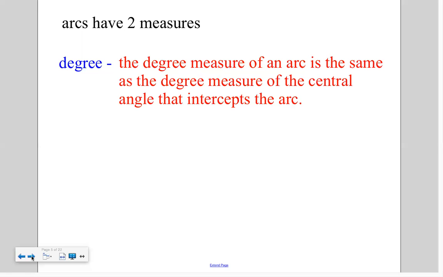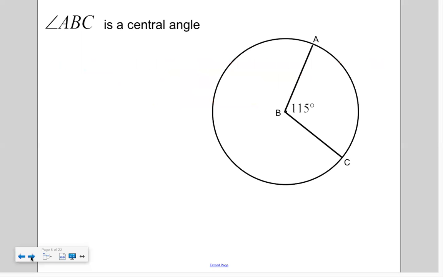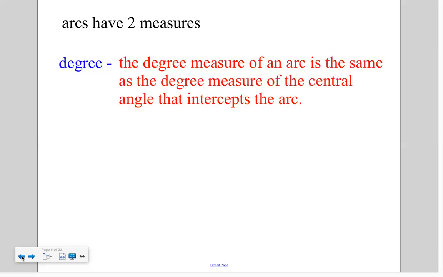The other measurement you could have, sorry, I guess we'll talk about the degree first. There is another way you can measure it. We'll talk about that in a second. We're going to be focusing more on degrees throughout this unit anyway, but it is good to know the other method of measurement, which is a distance measurement, kind of like using a ruler, but a curved ruler.